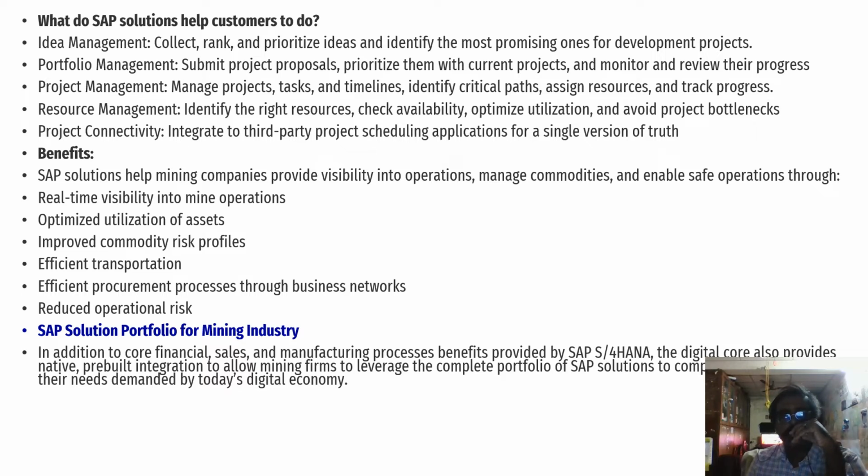Then portfolio management: submitting project proposals, prioritizing them against the current projects, and monitoring and reviewing the progress. Then project management: manage projects, tasks, and timelines with work breakdown structures, individual tasks, identify the critical paths, assign resources, and track the progress.